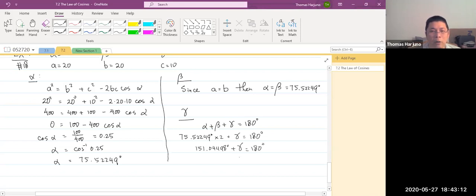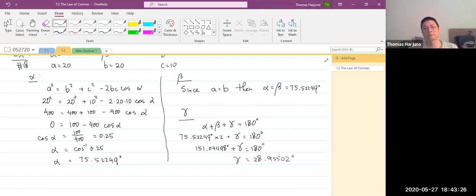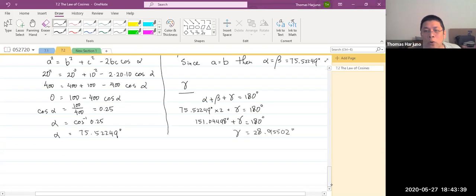So gamma will be 28.95502. Okay, so I'm basically done with the law of cosines. But we have more questions to do.